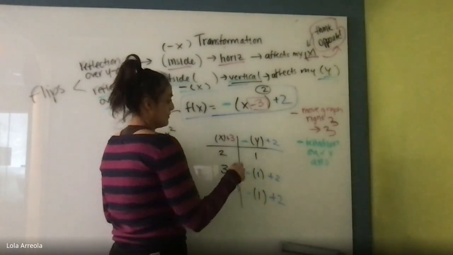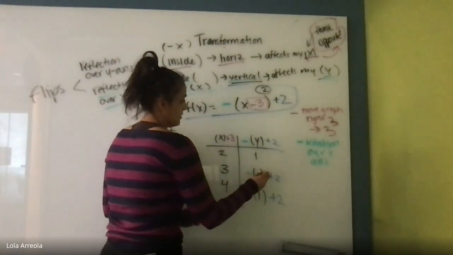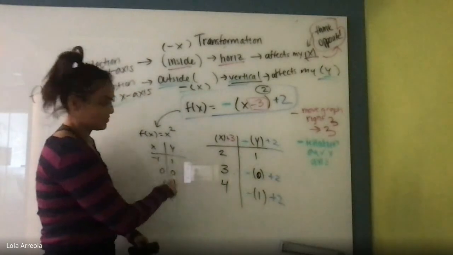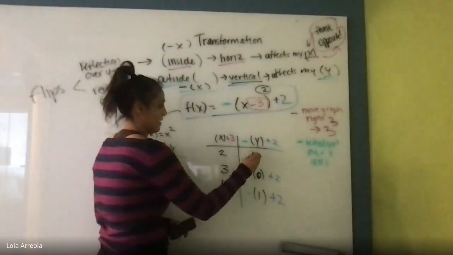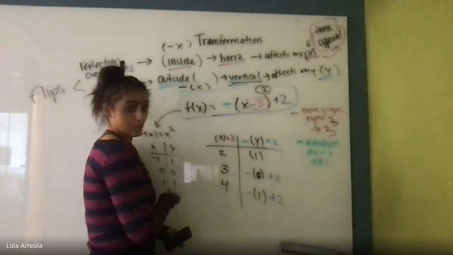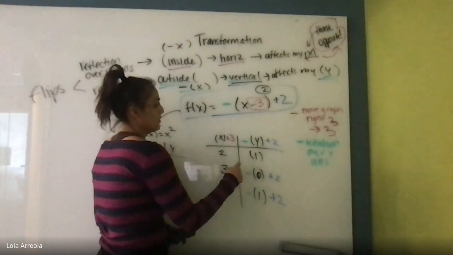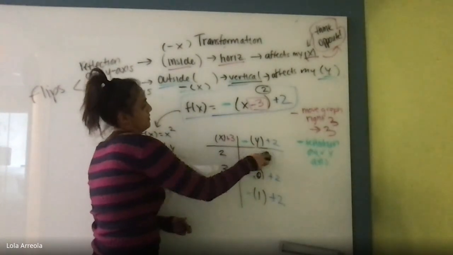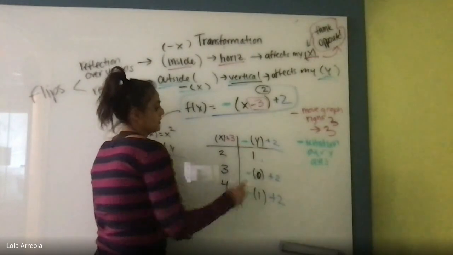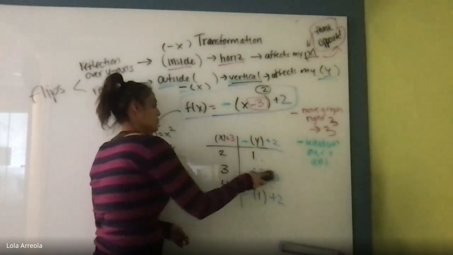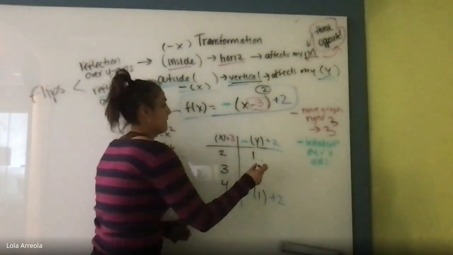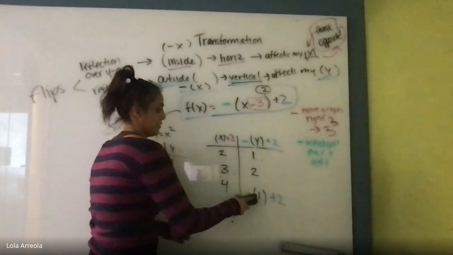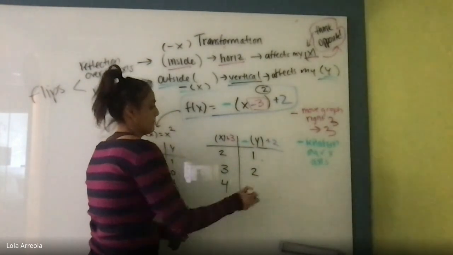Oh, you know what I did? Silly me. This is supposed to be 0. 1, 0, 1. Sorry. When I rewrote the problem, I didn't write the problem exactly. Okay? So -1 plus 2 is 1. -0, 0 plus 2 is 2. And -1 plus 2 is 1.